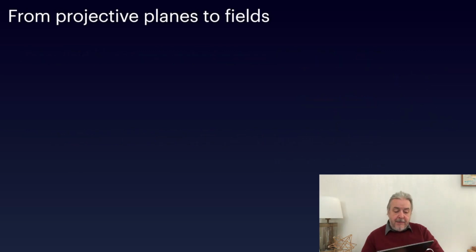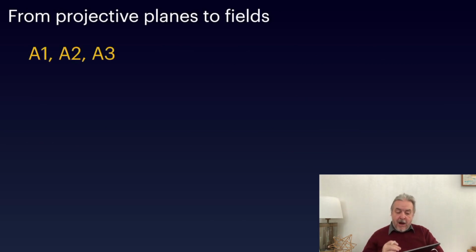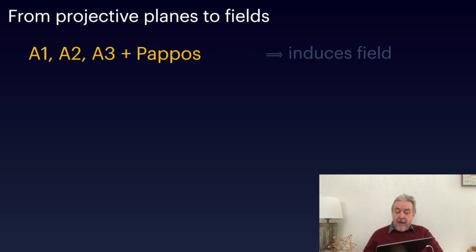So let me start by collecting the basic things we are going to prove. So assume that you have a projective plane, and in addition you have Pappus' theorem. Then it turns out that this structure will induce a field structure.